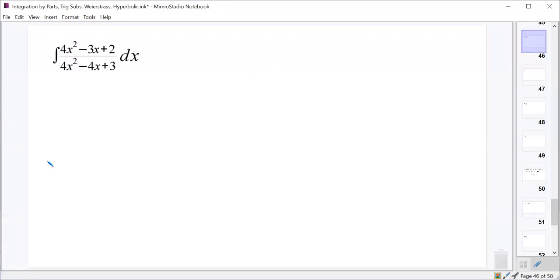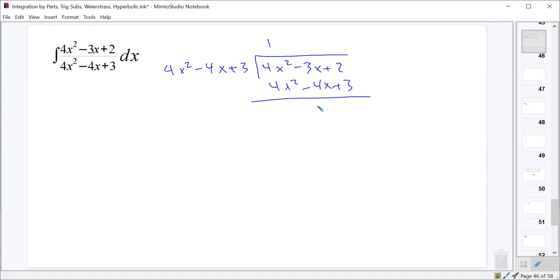So that should be our 4x squared minus 4x plus 3 into our 4x squared minus 3x plus 2. 4x squared goes into 4x squared once. So really it just ends up like this. Minus 3 minus minus 4 is just x, and 2 minus 3 is minus 1. So this becomes an integral of 1 plus x minus 1 over 4x squared minus 4x plus 3 dx.